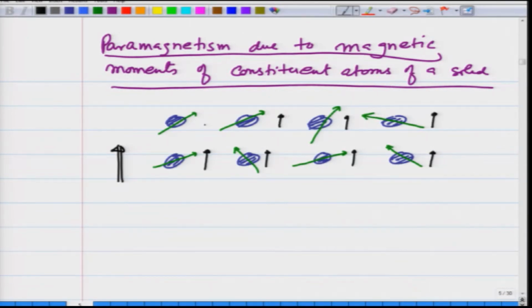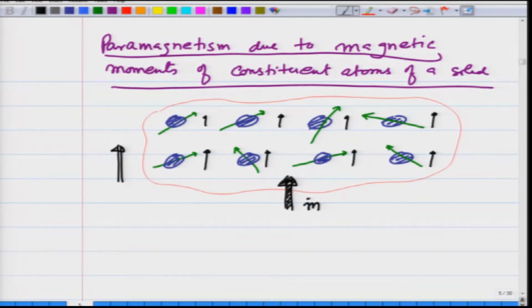With the applied field, this entire sample, which I am showing by this encircled line, develops a net magnetic moment due to this applied field B, and therefore it is a paramagnet.